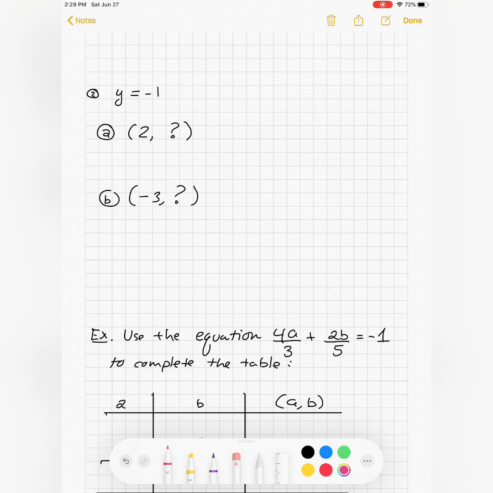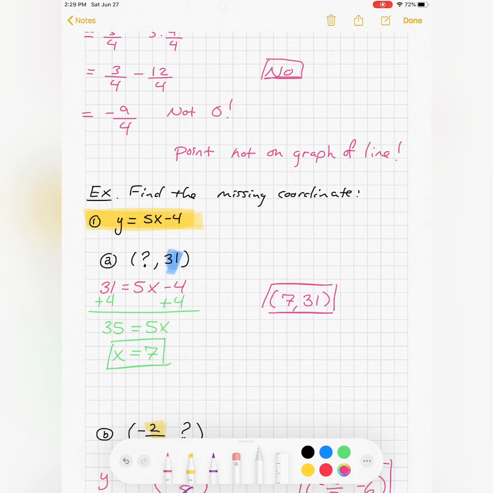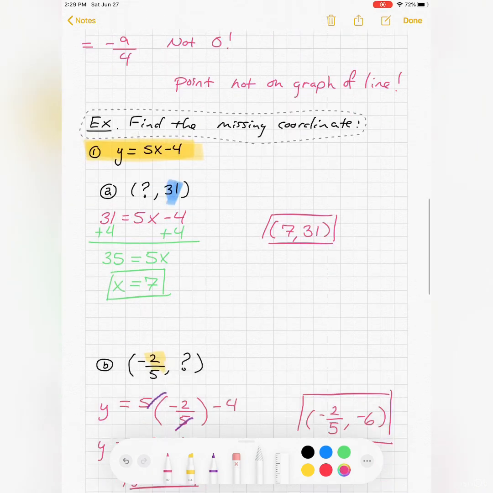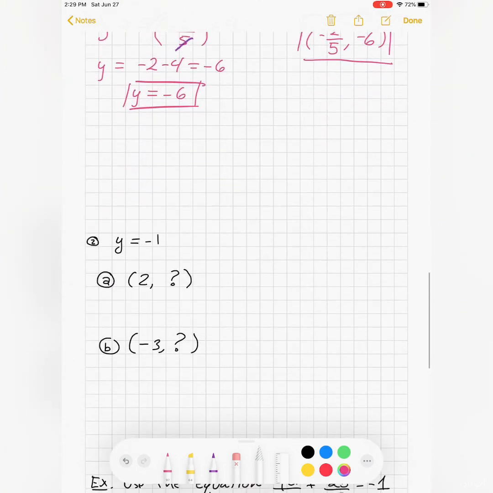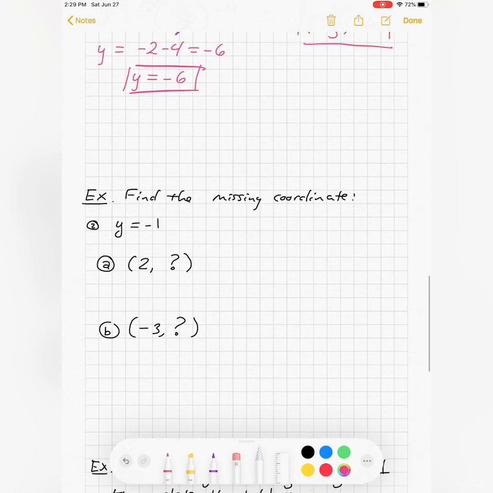Here's another example. This is kind of a special one. So let me look back at what the instructions were. Same instructions. Find the missing coordinate. But this time the equation is just y equals -1.